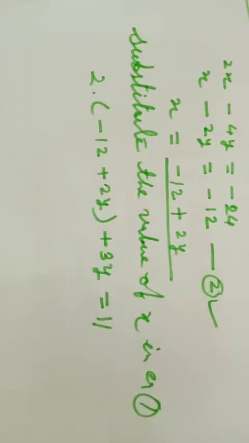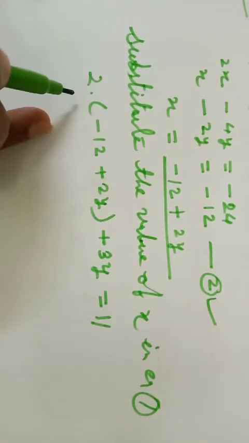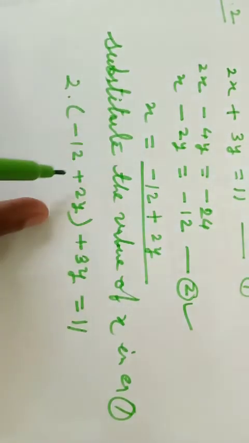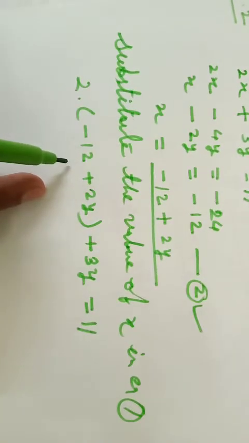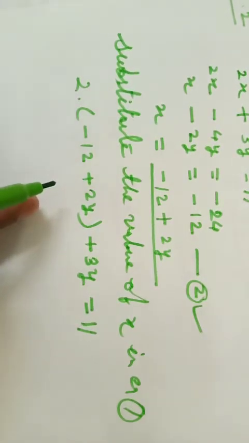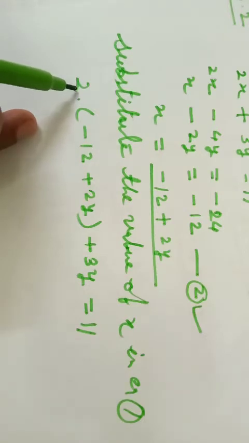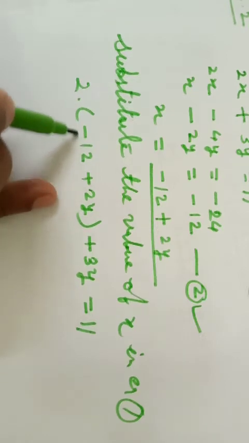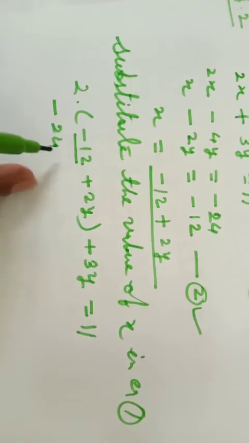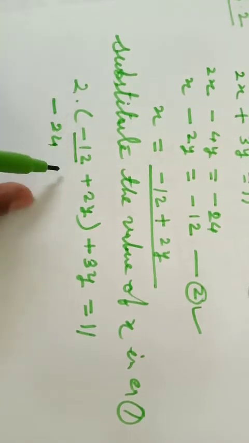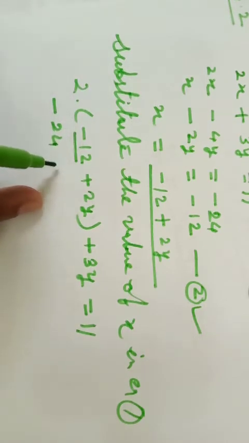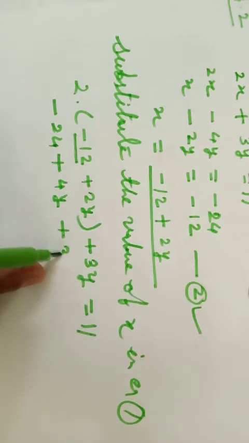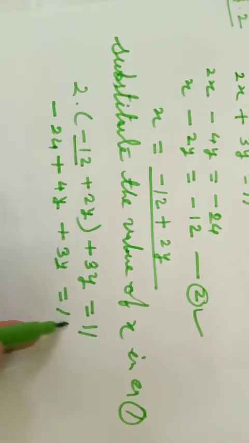It's clear. Now when we substitute the value of x, we should write the value in brackets, otherwise you can make some confusion when multiplying by the coefficient. So multiply by 2 in this term: 2 times 12 is minus 24, and 2 times 2y is 4y, plus 3y is equal to 11.